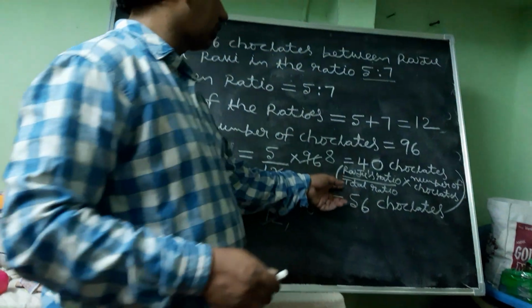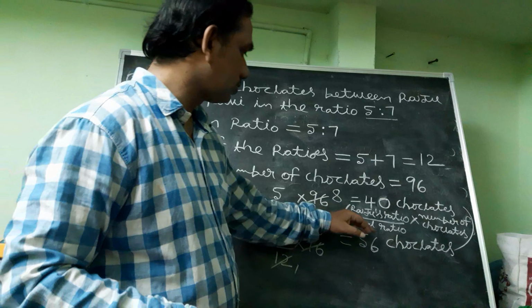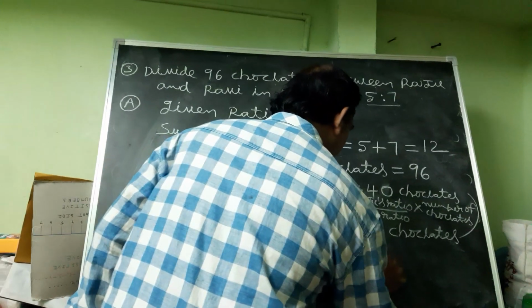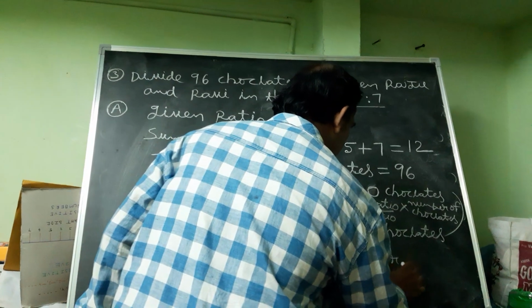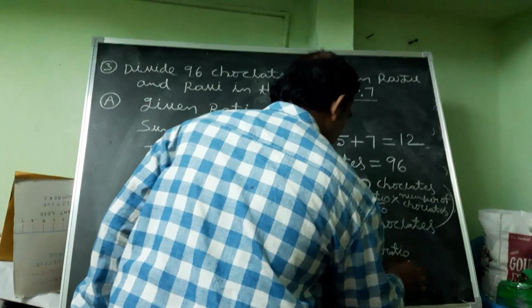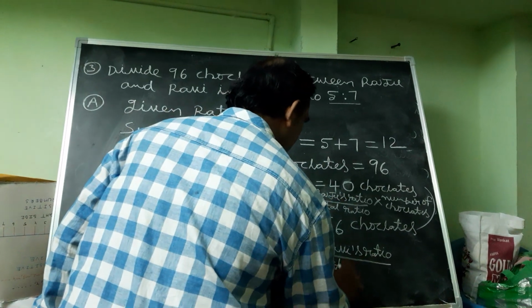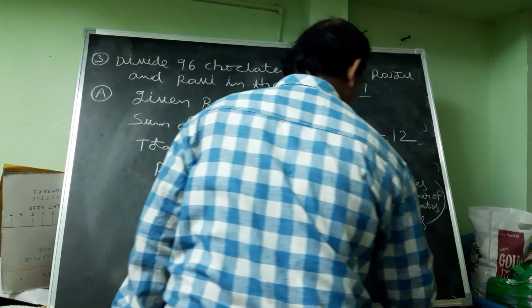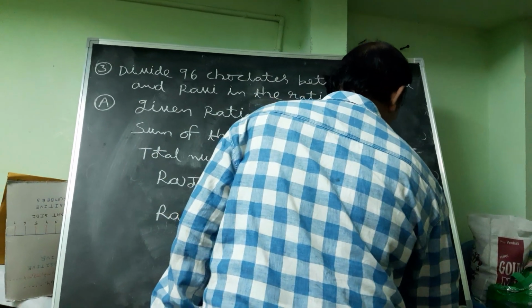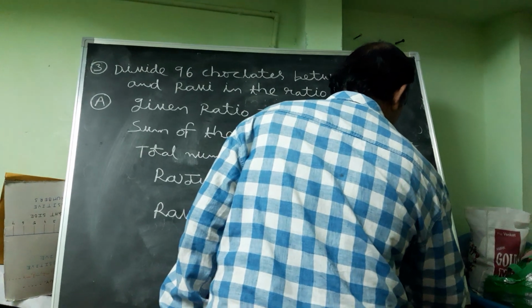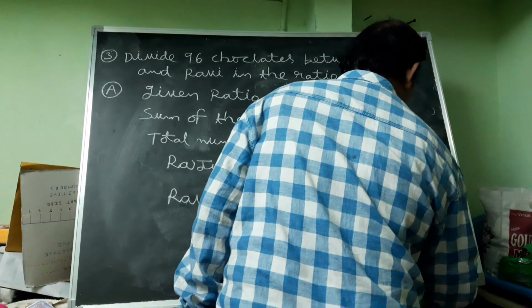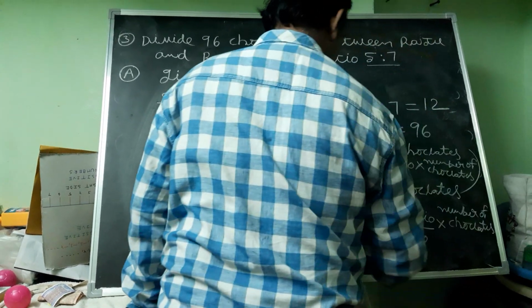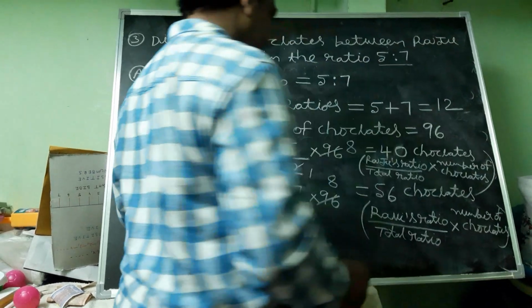We'll use this formula to find the value. So here also the same: Ravi's ratio by total ratio into number of chocolates. So this is the formula.